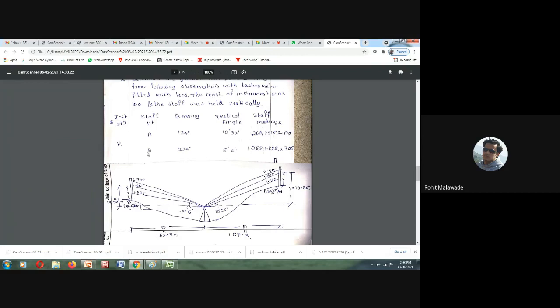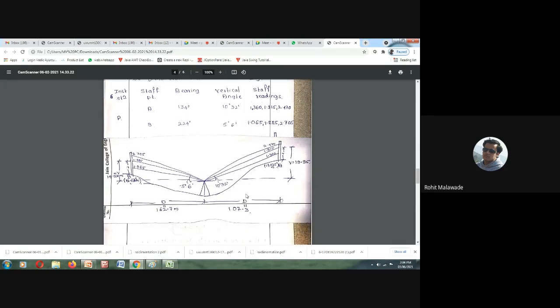Then at staff B, it has the bearing of 224, and it is making a vertical angle of 5 degrees 6 minutes. The staff readings are 1.605 bottom, 1.885 middle, and 2.705 at the top.